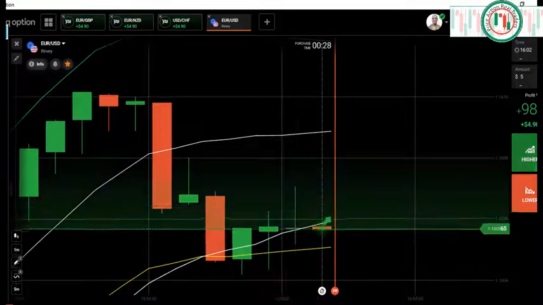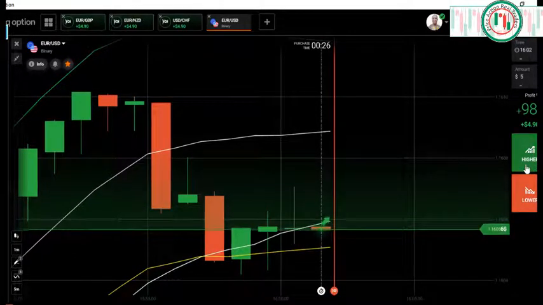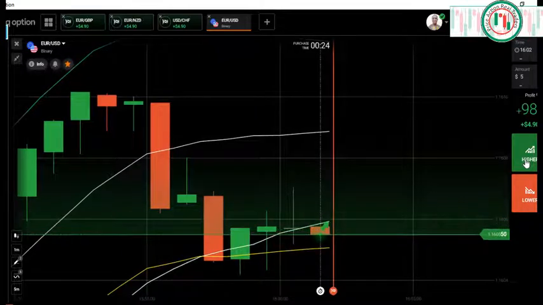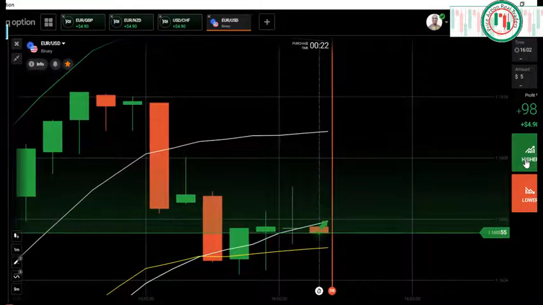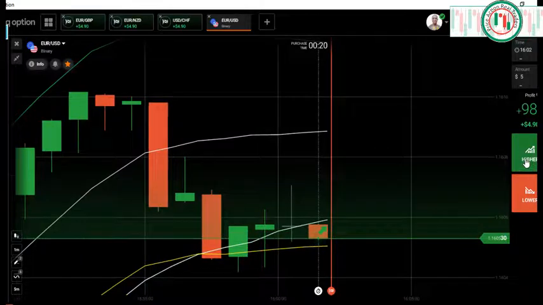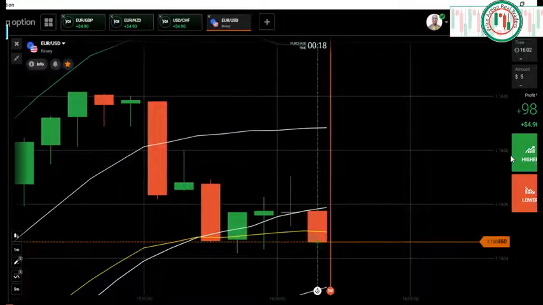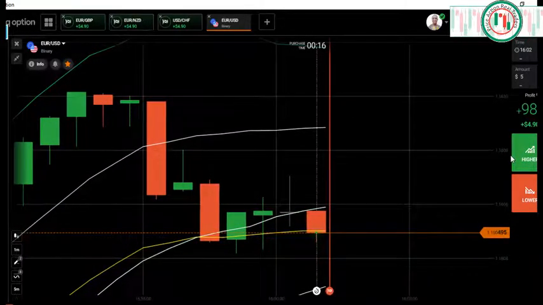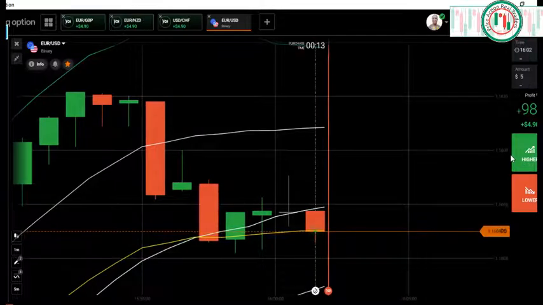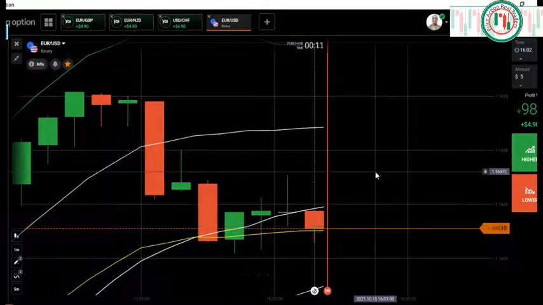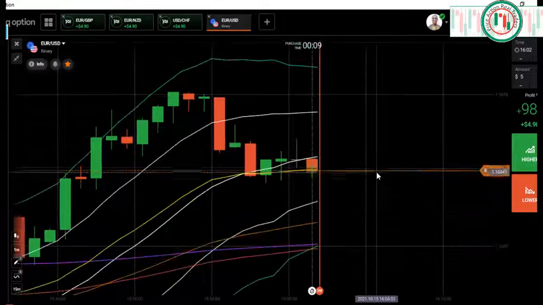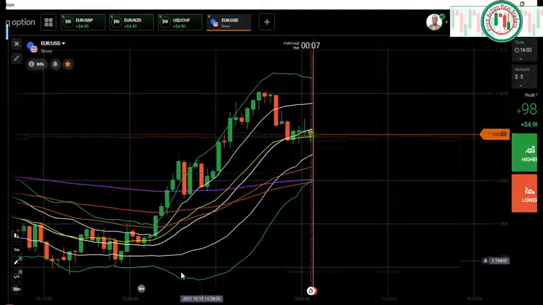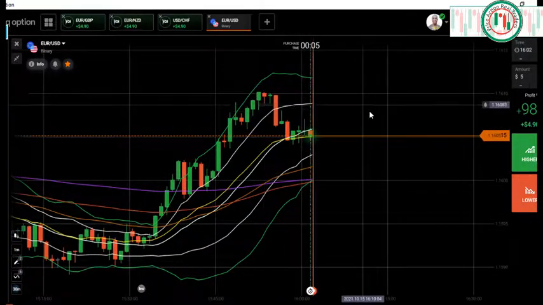The market must go up from this level. This is flat and the trend is a strong uptrend.